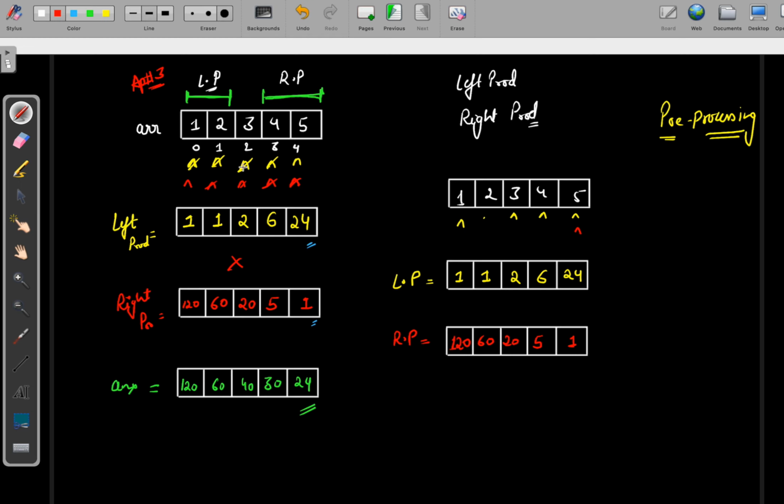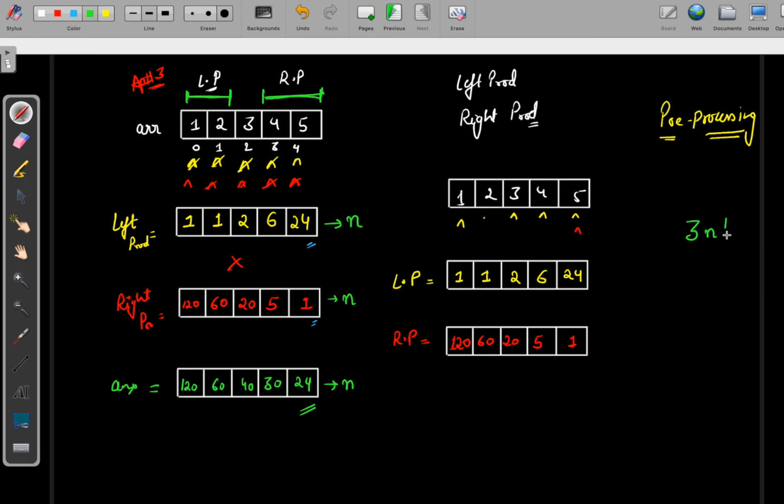And now, because you are simply multiplying by 1 and moving in one direction, your left product will take n time, this will also take n time, right? And after multiplication also, suppose you are taking n time, it will be a total of 3n times.